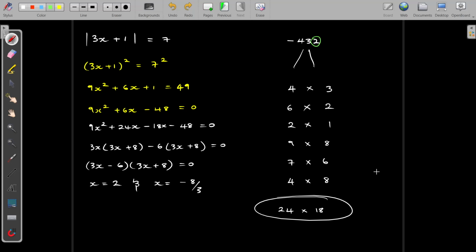Alright, so that's it for that one. And of course, you know, you could get modulus inequalities when both sides of the equation is going to involve a modulus.